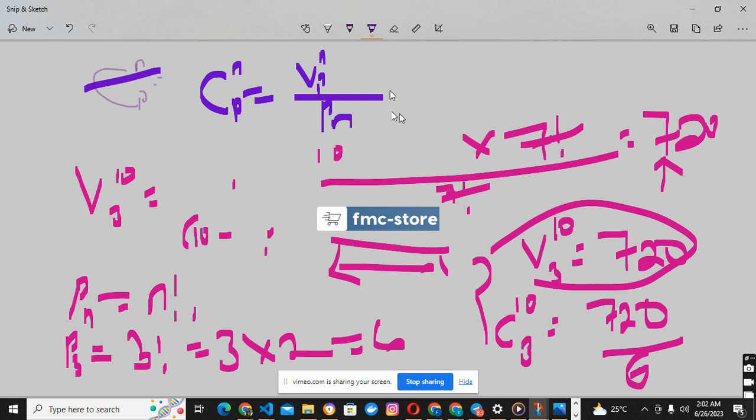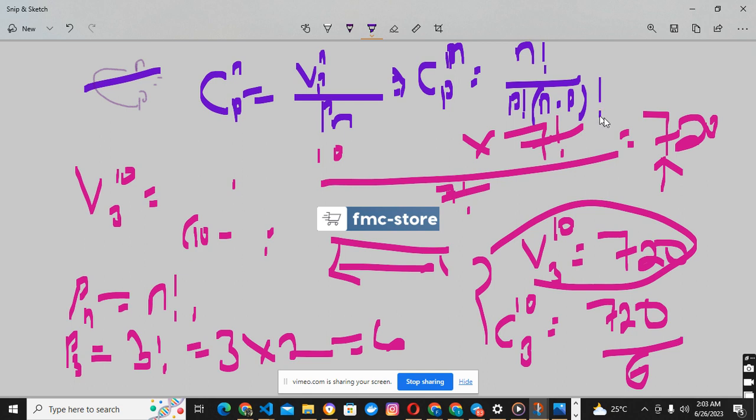So in simpler terms, we can say C, combination, equals n factorial divided by p factorial times n minus p factorial.